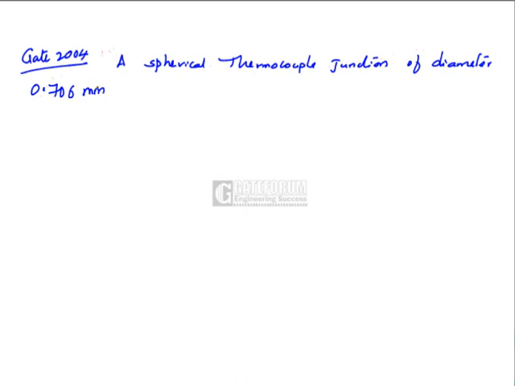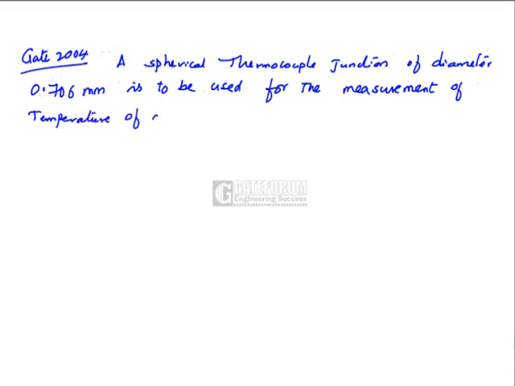A spherical thermocouple junction of diameter 0.706 mm is to be used for the measurement of temperature of a gas stream.